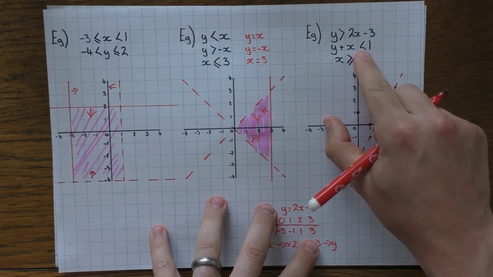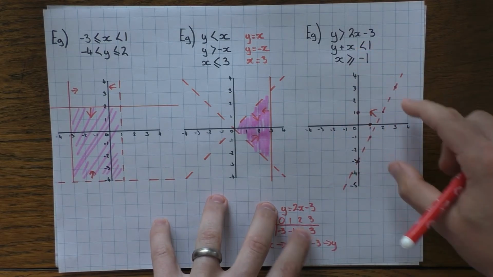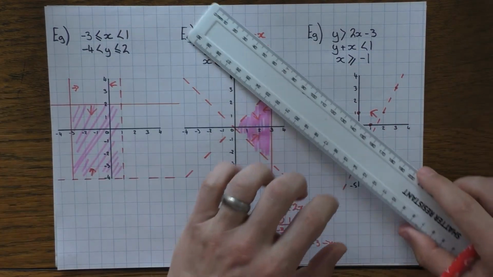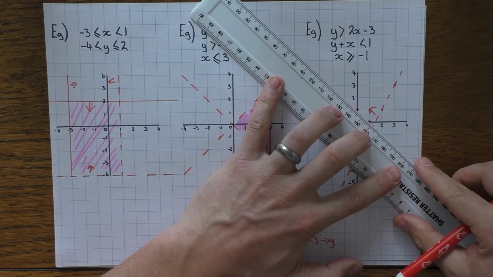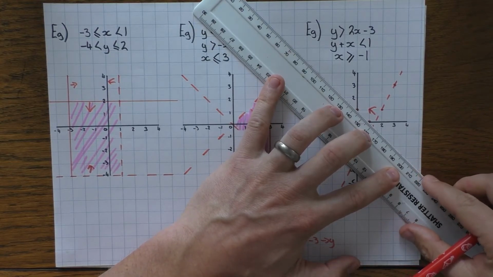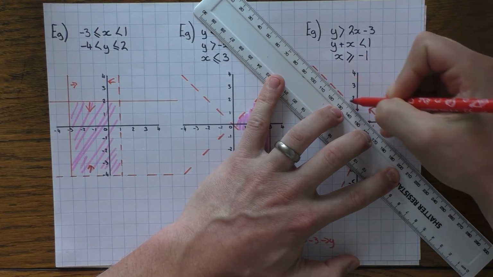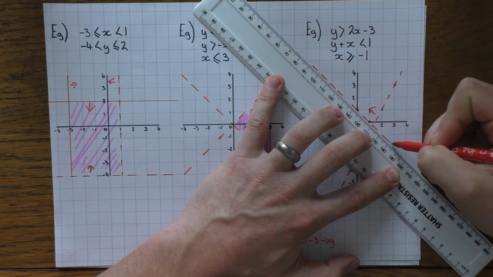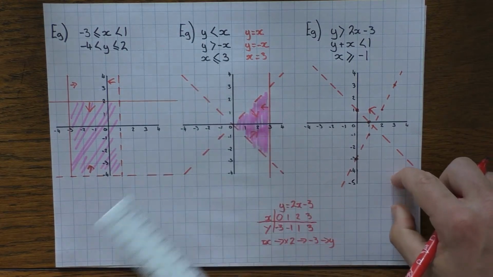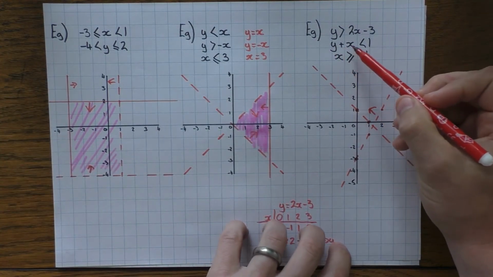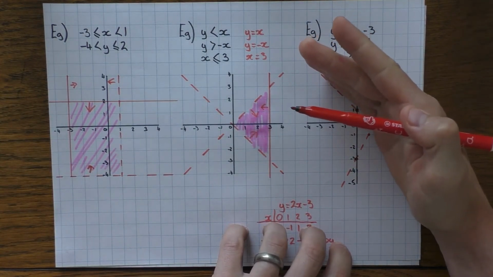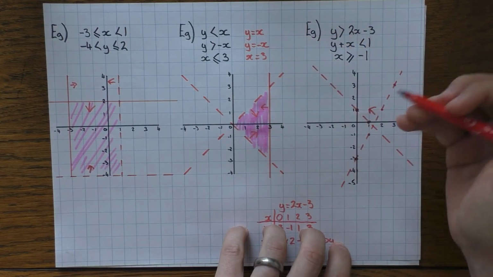This is an inequality where it says it's not equal to, so this needs to be a dotted line as well. So we can line up those points there and draw our dotted line like so. Okay, and x and y are both less than 1, so it's going to be down this way.